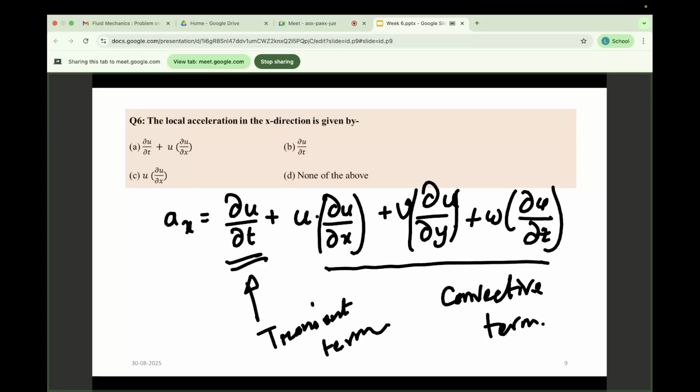But as it is told that this local acceleration in x direction is given, that's why we have given it in terms of du/dt, because it is basically a transient term, or I can say it is a local term. So the correct option is option B.